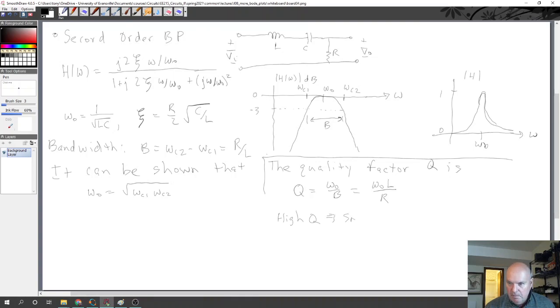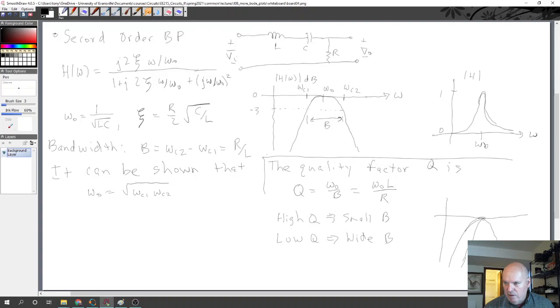So a high Q implies a small bandwidth, and a low Q would imply a wide bandwidth. What they would look like on a dB scale: a high Q circuit is going to look like this, whereas a low Q circuit is going to have a wider bandwidth.